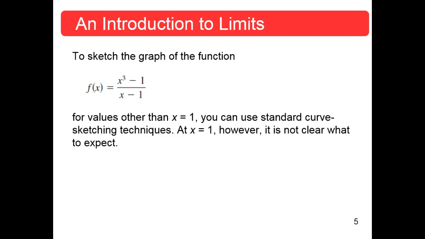Now, if you plugged into a graphing device, you can see it gives you a graph. The thing is, it just doesn't have a value at x equal 1. Okay? It can't. Now, if you did do it, you are going to get a shape, and it'll look pretty familiar. It just will not have a value at x equal 1.